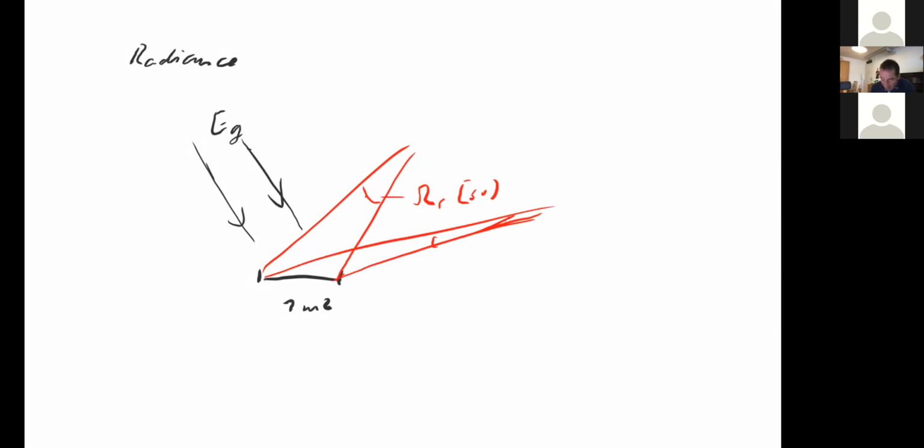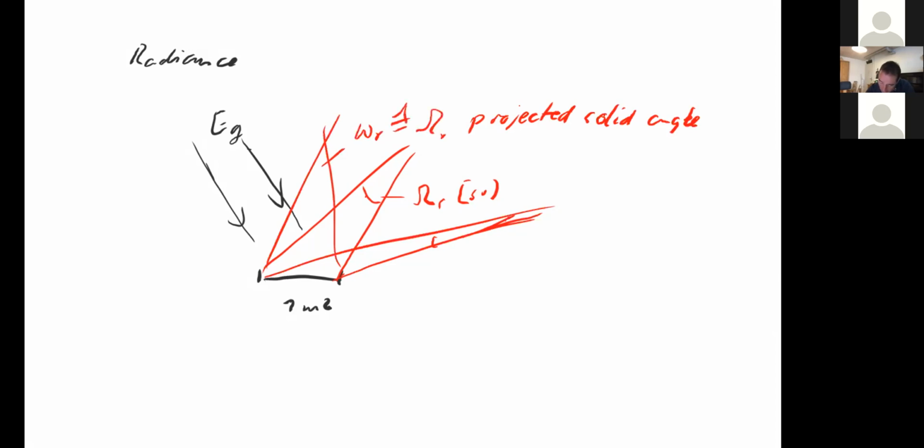So this means that the so-called projected solid angle is the angle at nadir, which is omega r equals omega r times cosine phi.